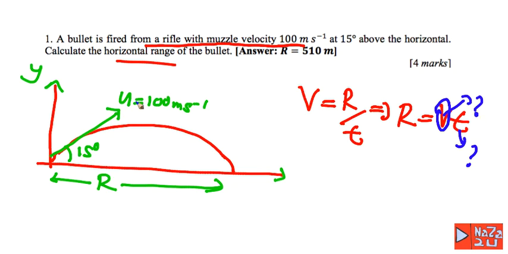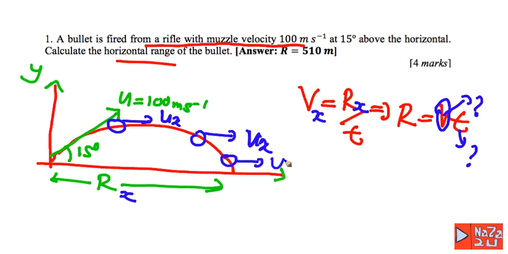As you know, for the projectile motion, we talk about the horizontal, meaning velocity on the x or horizontal axis. So here we consider ux. We have a ux here, and just before it hits the ground you also have the same ux, because ux is a constant value.